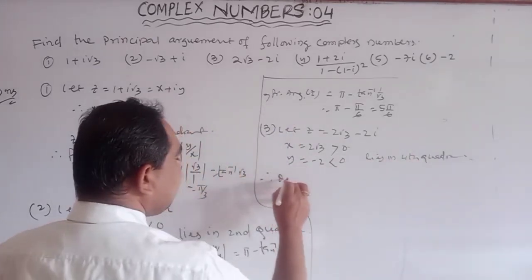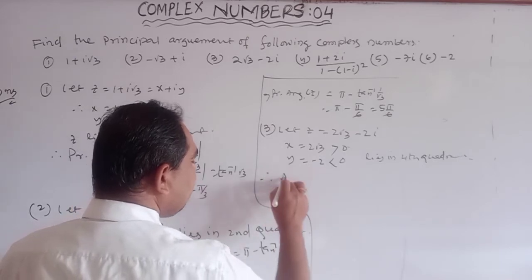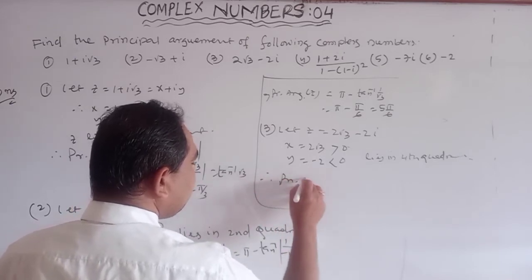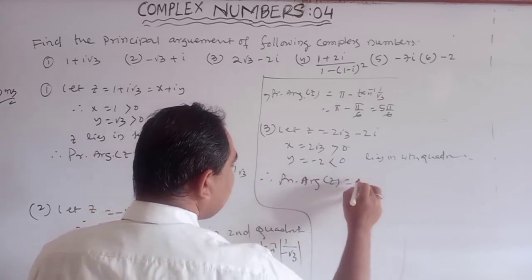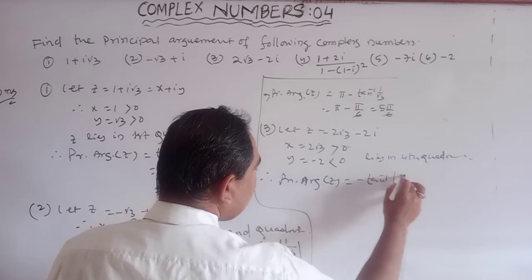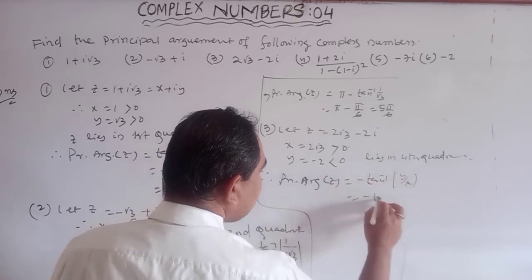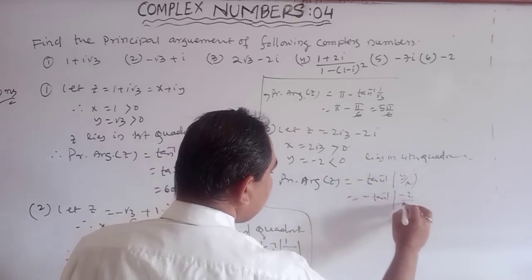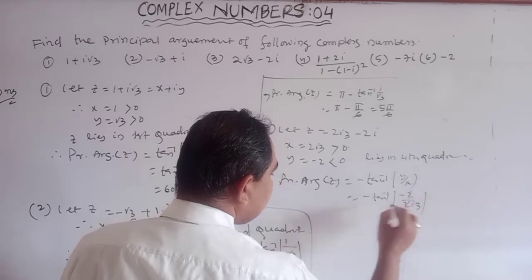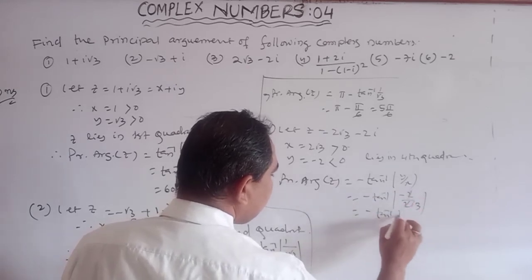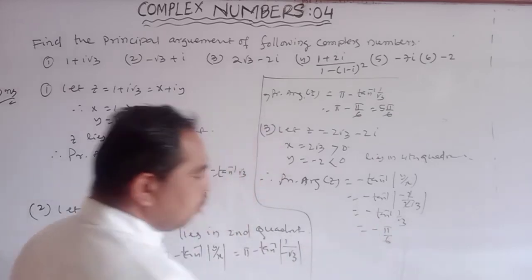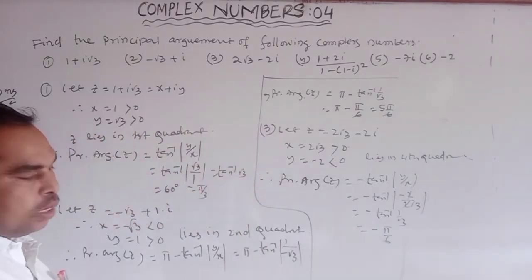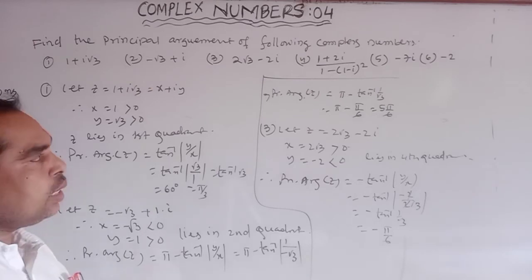Therefore theta, the principal argument of z, is equal to minus tan inverse mod of y by x, minus tan inverse of 2 by 2 root 3, the 2 cancels. So minus tan inverse 1 by root 3 is equal to minus pi by 6. Tan inverse 1 by root 3 means pi by 6. So this is minus pi by 6.